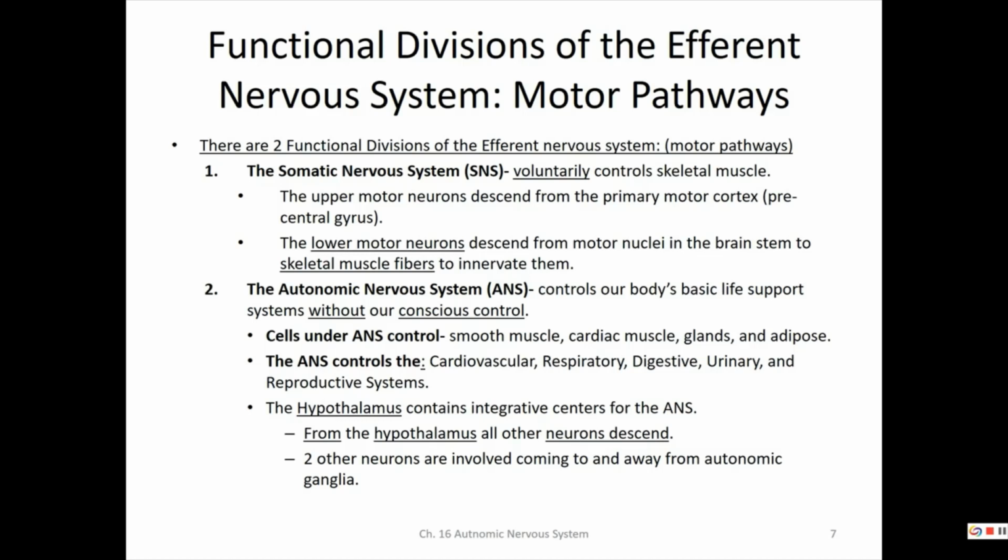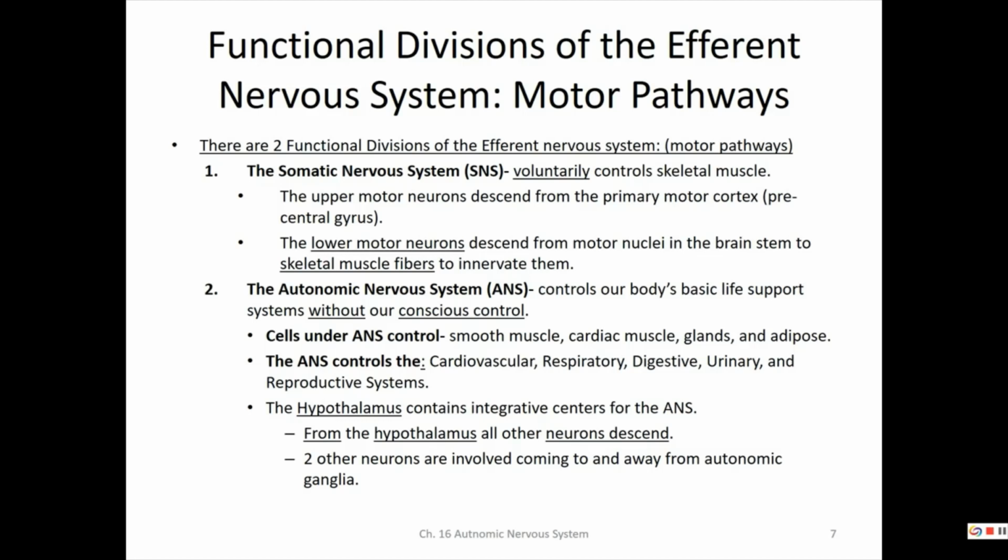So to do this, it controls smooth muscle. Now think about smooth muscle. It's located in your blood vessels. It's located in your respiratory system. It's located in a variety of places like the reproductive system, digestive system, areas in your body that you normally have no conscious control over. Cardiac muscle is in your heart. You do not control your heartbeat.